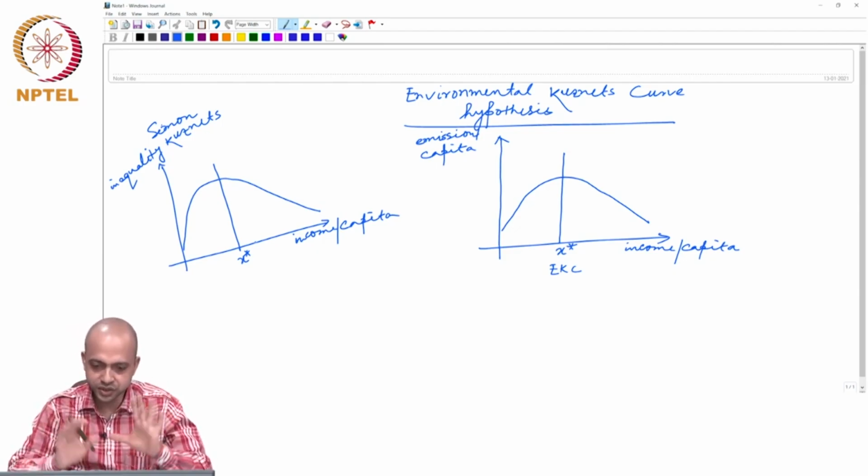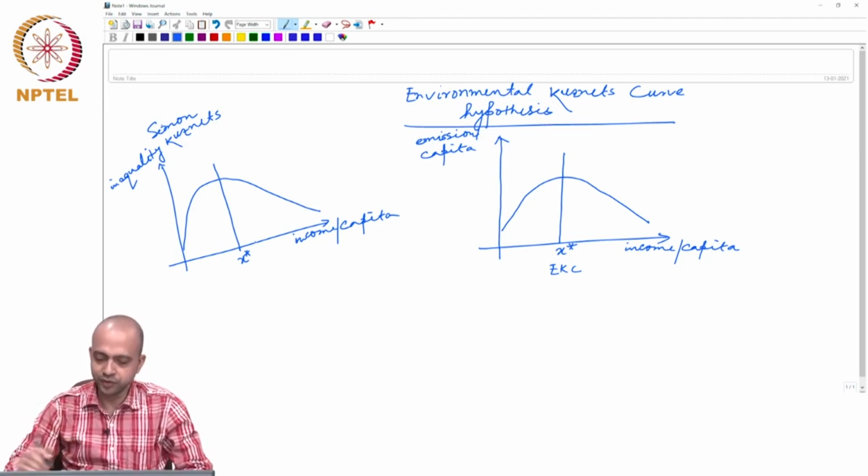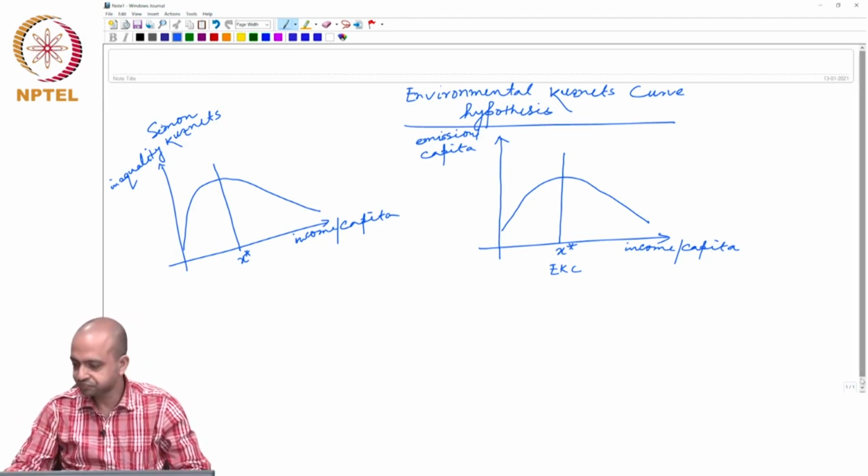This is what the environmental Kuznets curve is, hypothesized by Simon Kuznets first and then borrowed by environmental economists later on.